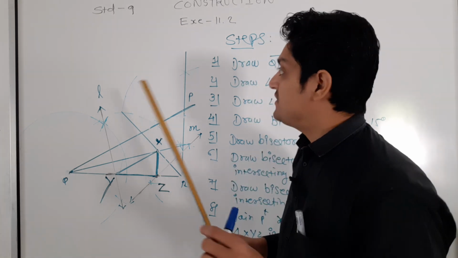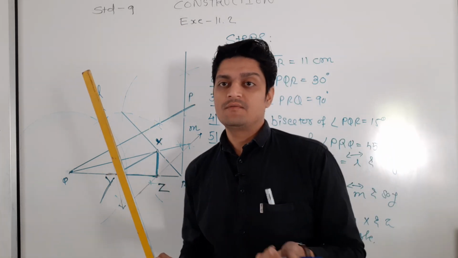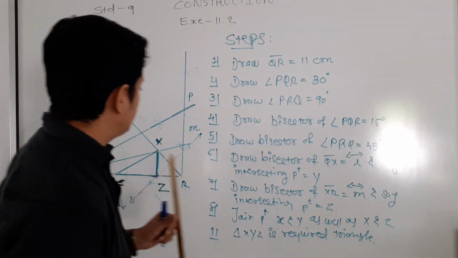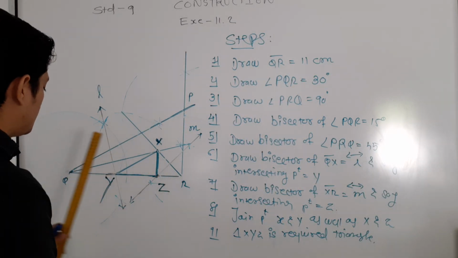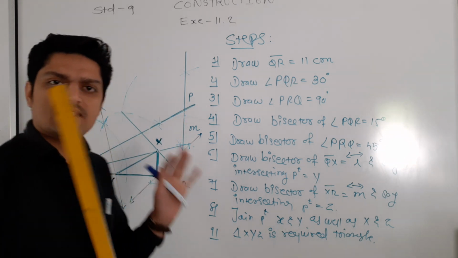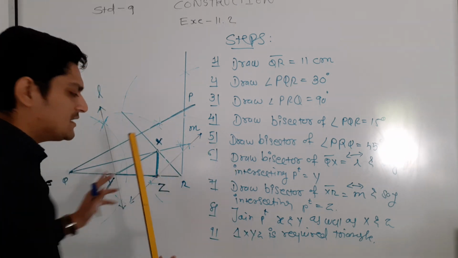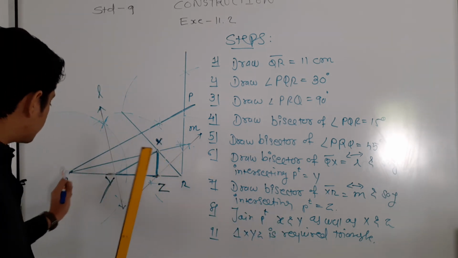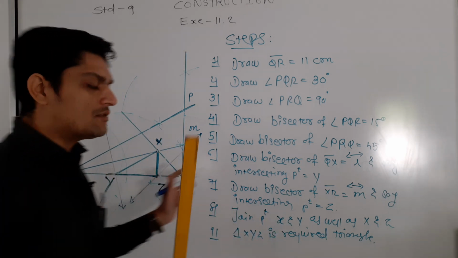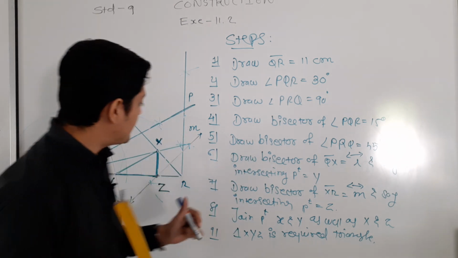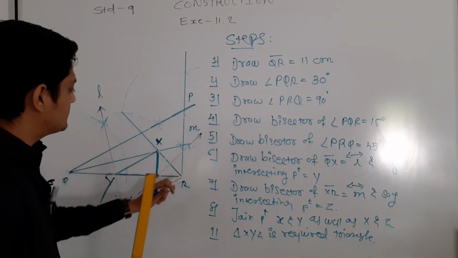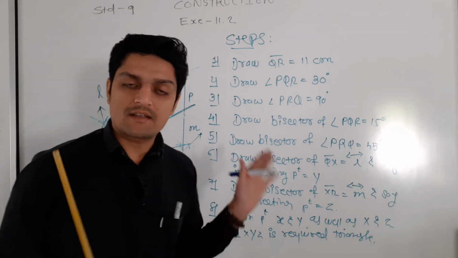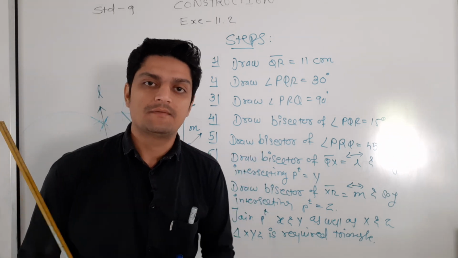Okay, then justification, now you have to write yourself. That is so easy. You have to write base QR is equal to 11 centimeter. Angle XQR is half of 30, that is 15 degree, as well as angle XRQ is half of 90, that is 45 degree.